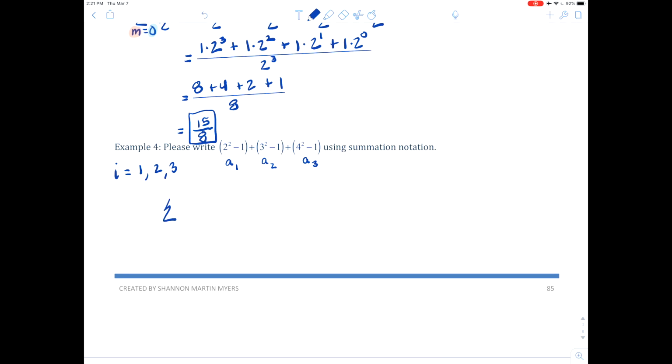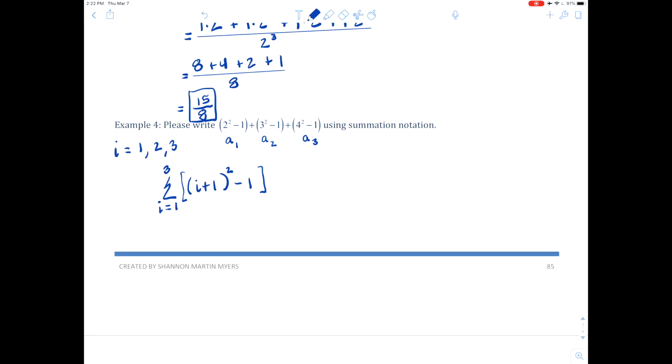Well, we'd have the sum from I equal to 1 to 3 of, well, we have a 2 being squared and then minus 1, then plus a 3 being squared minus 1, plus a 4 being squared minus 1. So here, aren't we going to be adding 1 to I, squaring it, and then subtracting 1? And then if you do a mental check there, you'll see that that works out, right?